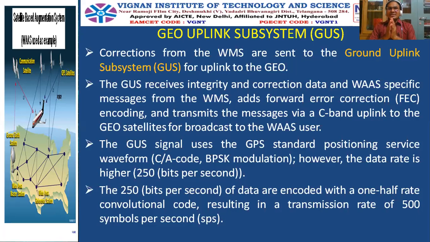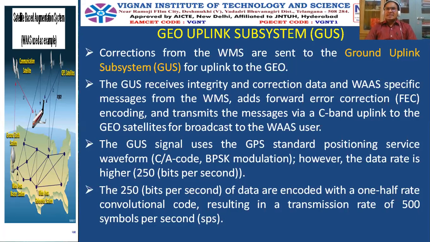So what are the functions of this? It receives the integrity and correction data and WAAS specific messages from the wide area master station, and adds some FEC encoding, that is forward error correction encoding, if at all there are any errors, and transmits the message to the geo satellites using a C-band uplink, that is for the broadcast to the WAAS end user.